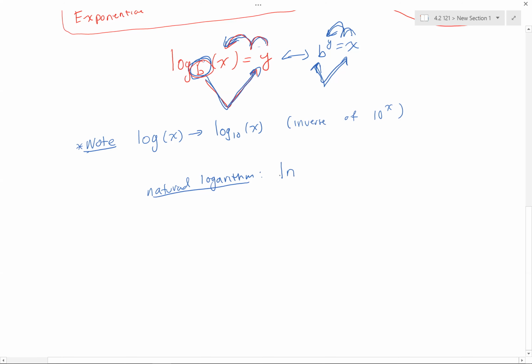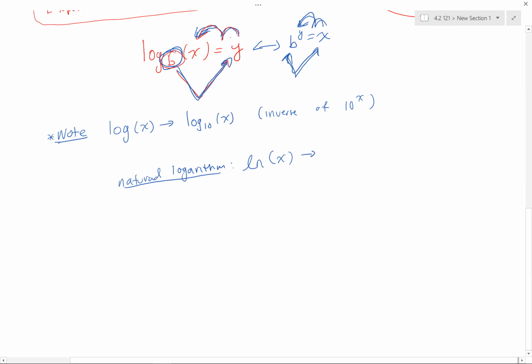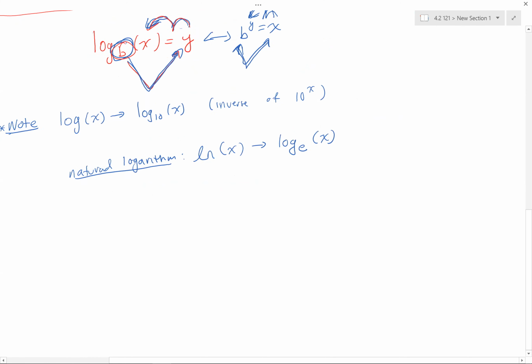Let me make that a script L, just for emphasis, ln of x. If you see ln of x, this is log base e of x. Remember e from exponentiation? Well, it's back again for the definition of this important logarithm.